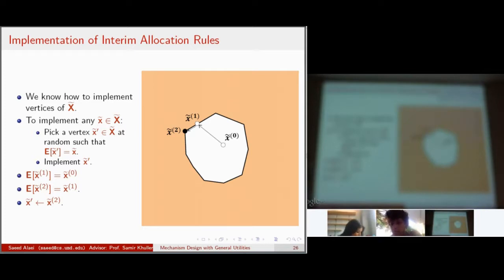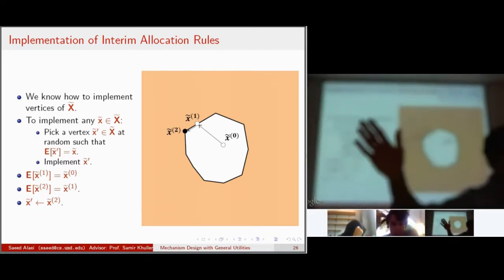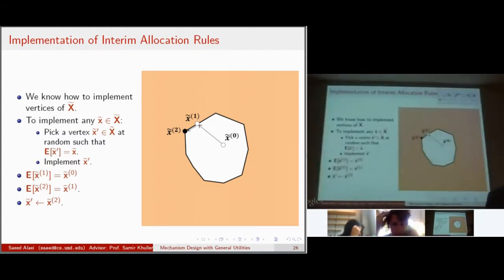Okay, so what I mean by implementing a vertex is that if you see a profile of types, well, first of all, you don't need to compute the ex post allocation rules for all possible type profiles.